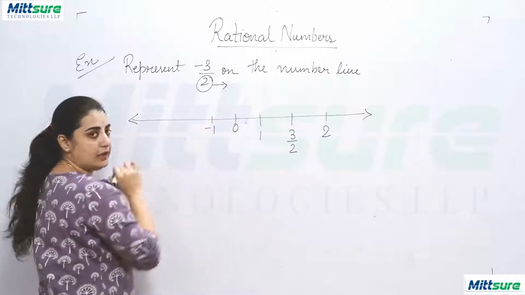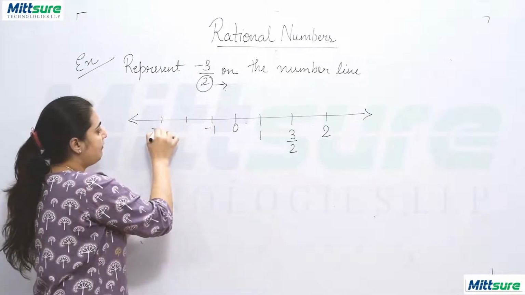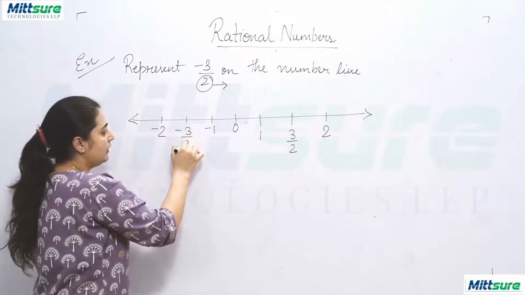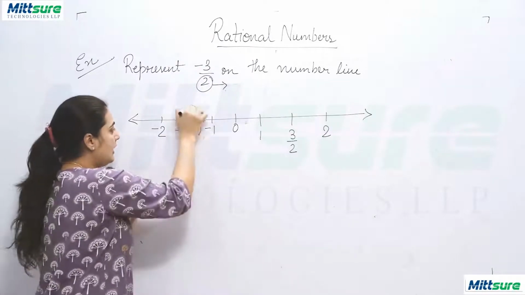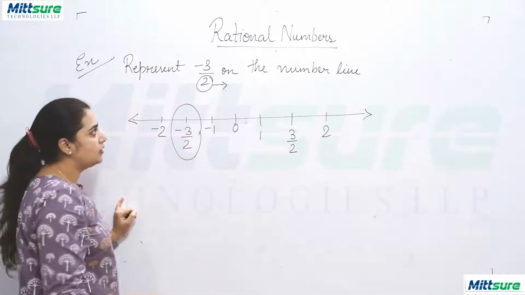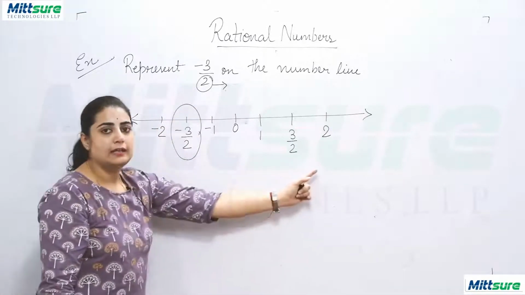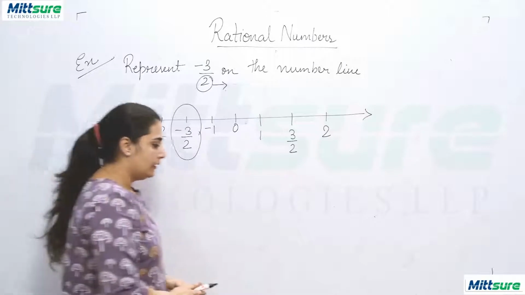We have -1 here, then we have -2 here. So -3 upon 2 will be here. So this is the actual location of this rational number -3 upon 2 on the number line. Clear?